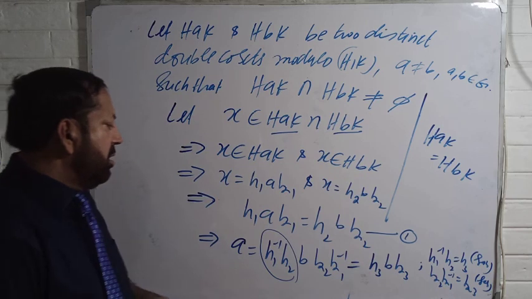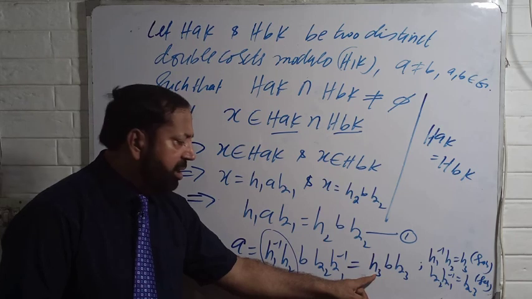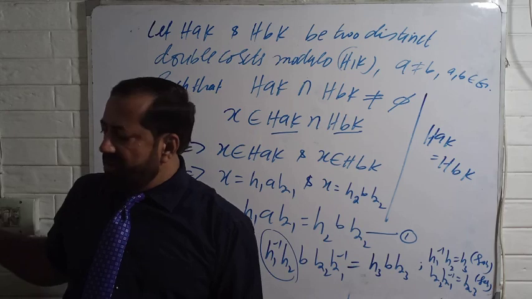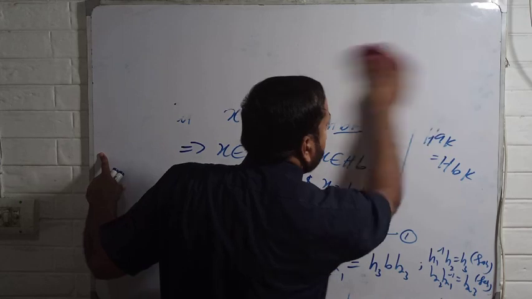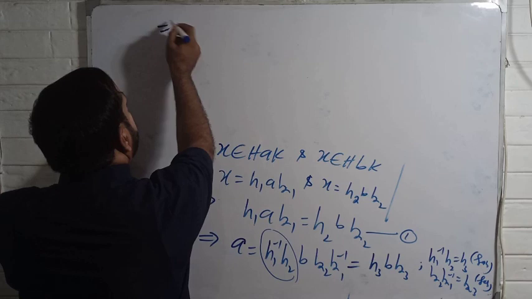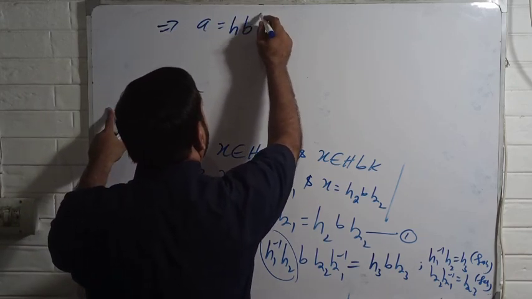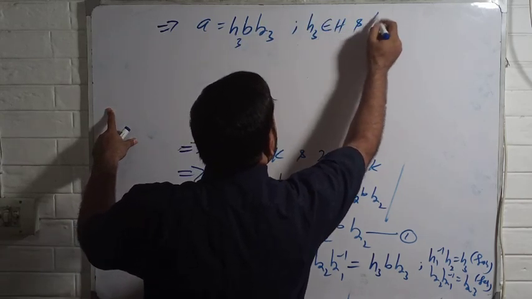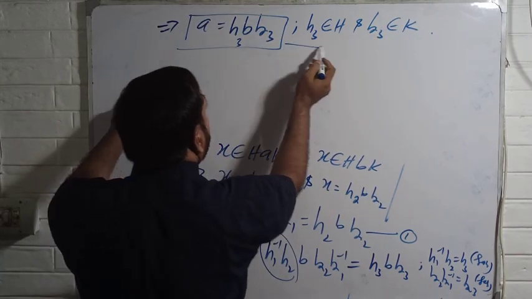Now you have a very clear relation between A and B. So A is equal to H3 B K3, where H3 belongs to capital H and K3 belongs to capital K. This is your number 2.